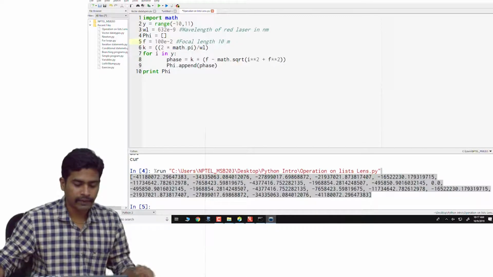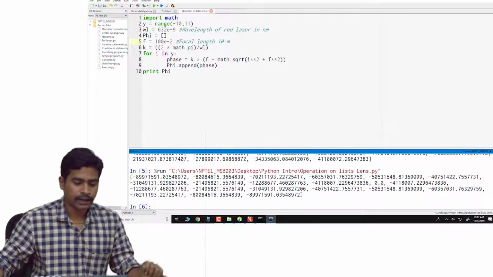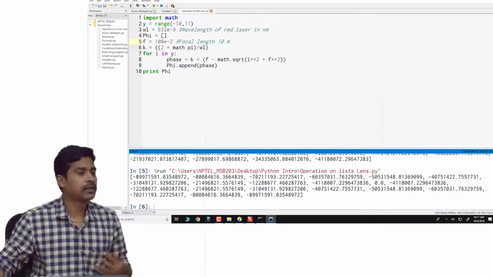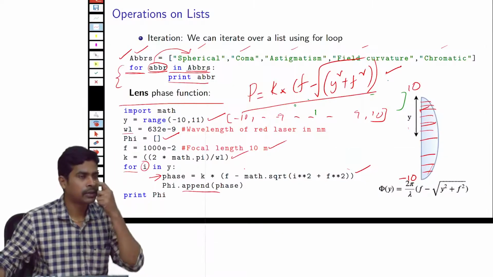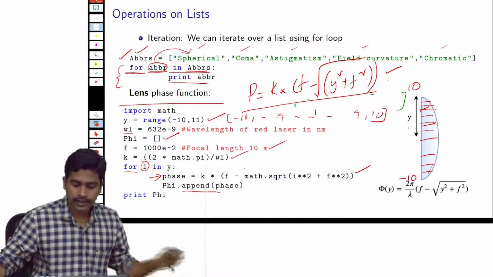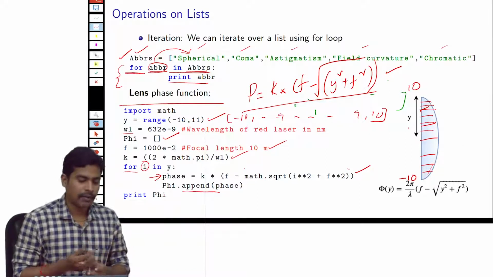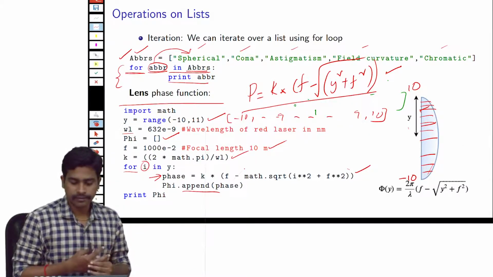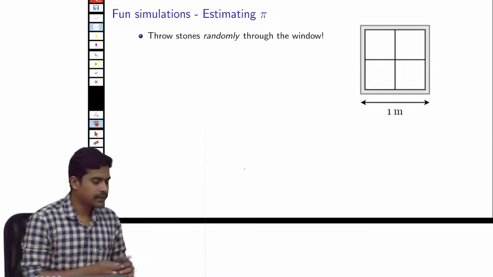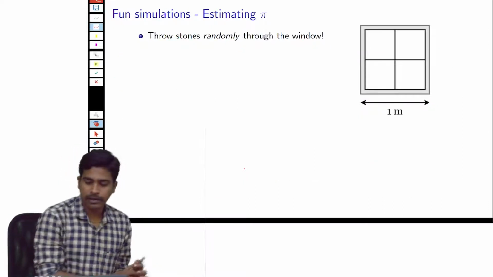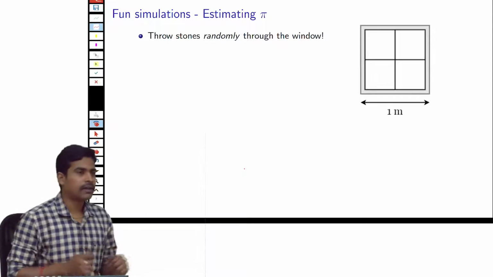You can try giving different focal lengths, or different wavelengths. Based on that, the phase values of the lens are going to change. I have given this program so that you will know how to manipulate lists and how to do different operations on lists.